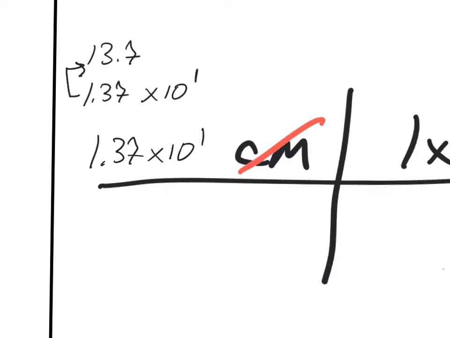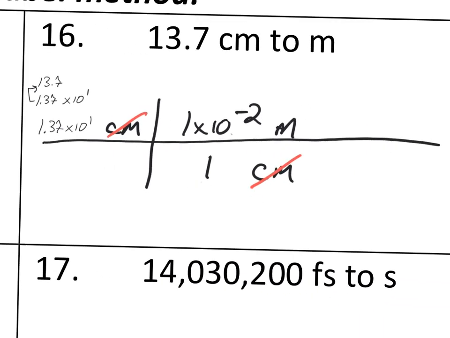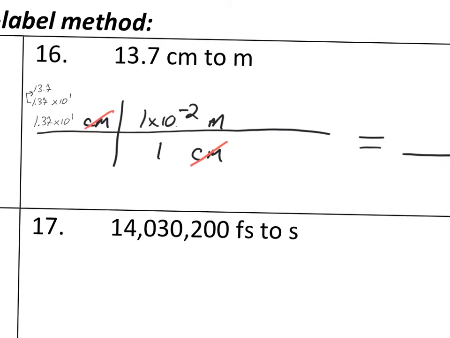Why do I do this? Because then I can add and subtract exponents. Now I can see how many numbers I have, correct? So now it's 1.37 times 10 to the first times 1 times 10 to the negative second. So I'm adding the exponents, correct?